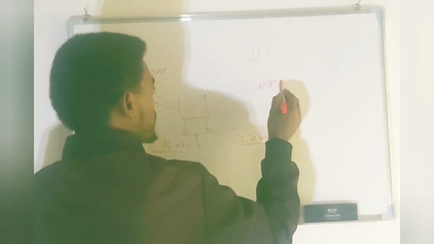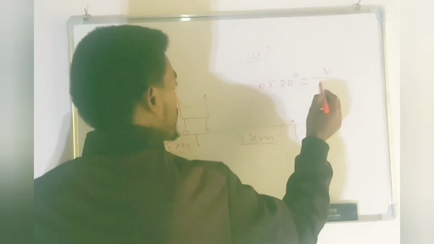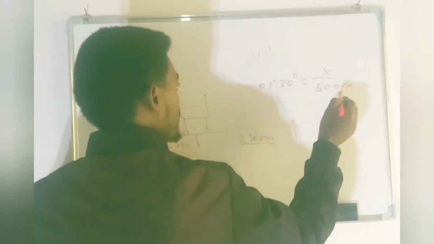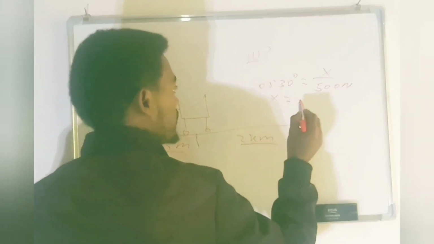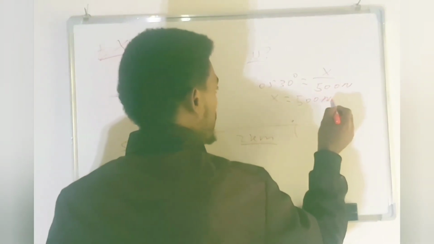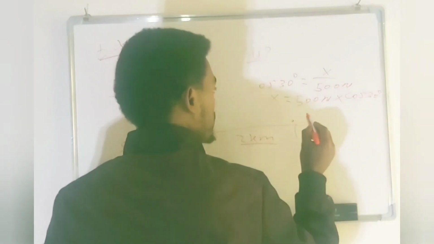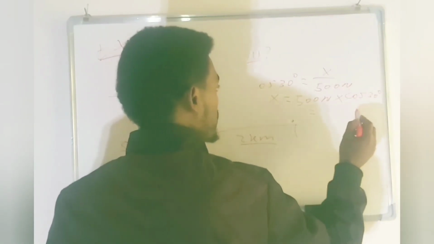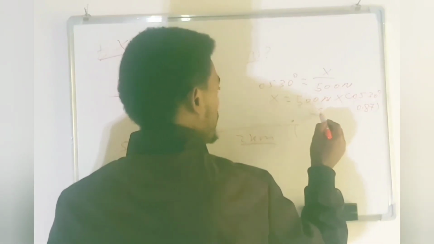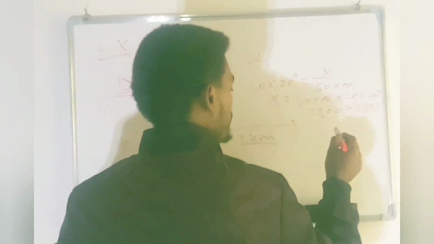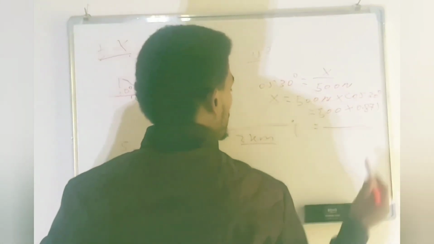Cos of 30 is equal to x over 500 Newton. Now x is equal to 500 Newton times cos of 30 degrees. Cos of 30 degrees is 0.87 approximately. So 500 times 0.87, we can have the value from here.